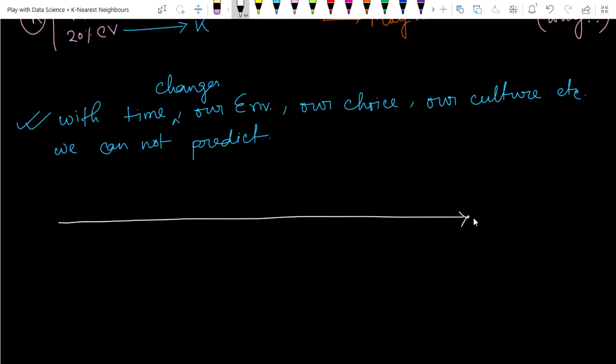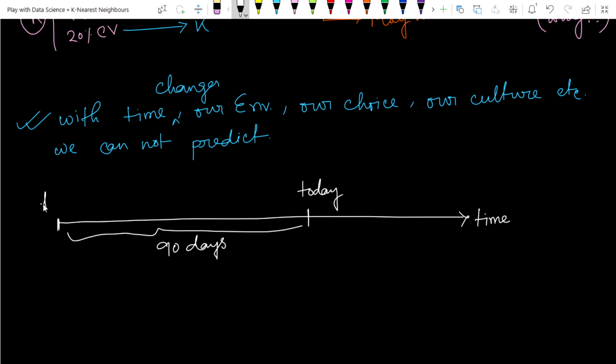Suppose this is our time axis, and we have built this model today. This is our today timestamp. We have collected data from the previous 3 months, 90 days of data, so this point will be today minus 90.